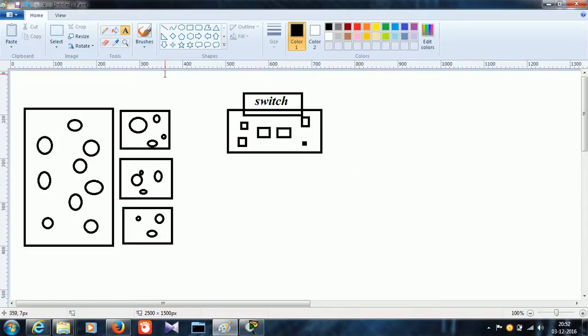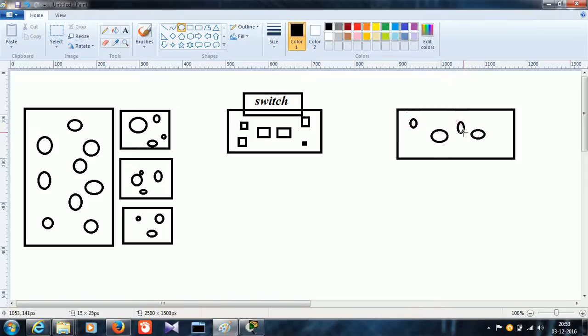For example, if the first standard guy wants to speak with the second standard guy, let's consider this as second standard, and here I have a few people sitting. The second standard guys can again communicate among themselves using a device called a switch.